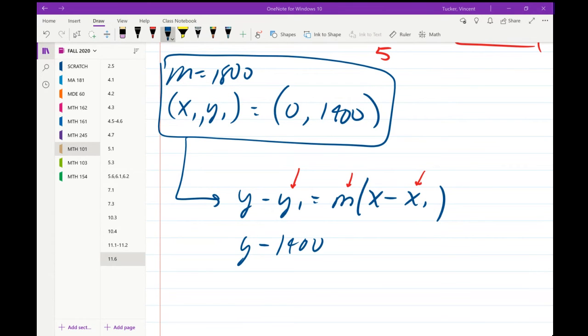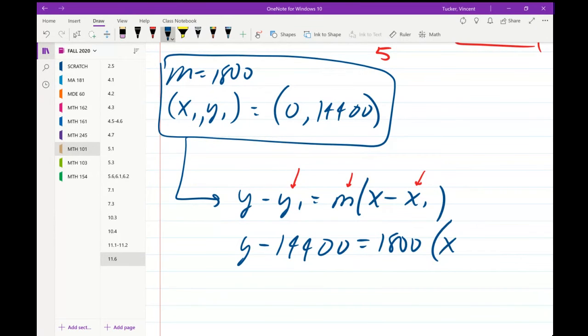Let me erase. All right. There we go. And it's 1,800. And x1 is 0.